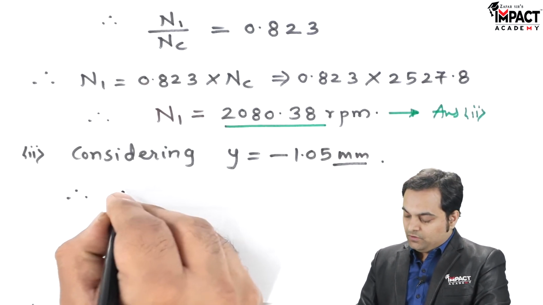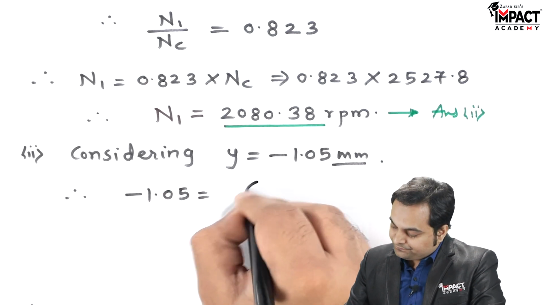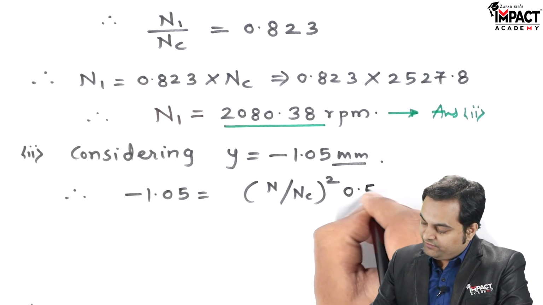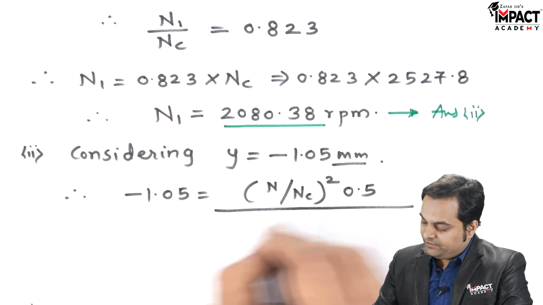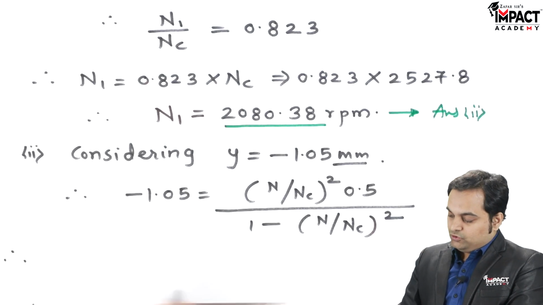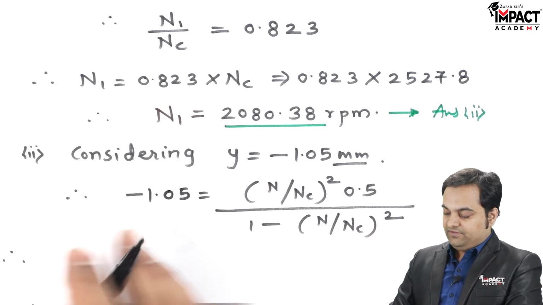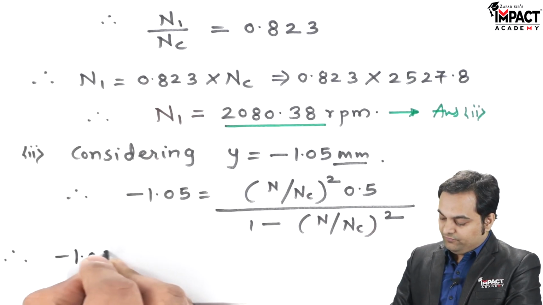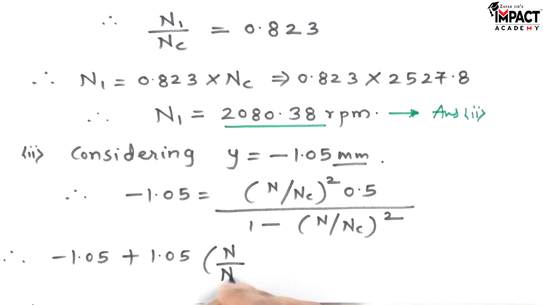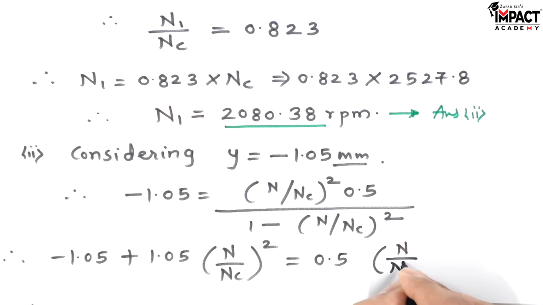So therefore here I am going to get 1.05 on one side, on the other side it is (n upon nc) the whole square, and we have 0.5, which is the e value, divided by 1 minus (n by nc) the whole square. So again this term would be shifted to one side, and after the simplification that will become 1.05 plus 1.05 (n by nc) squared is equal to 0.5 (n by nc) squared.